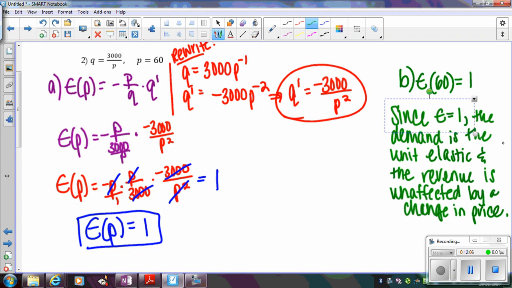So it doesn't matter what number I plug in, I'm always going to get 1. This description goes hand in hand with both of these.